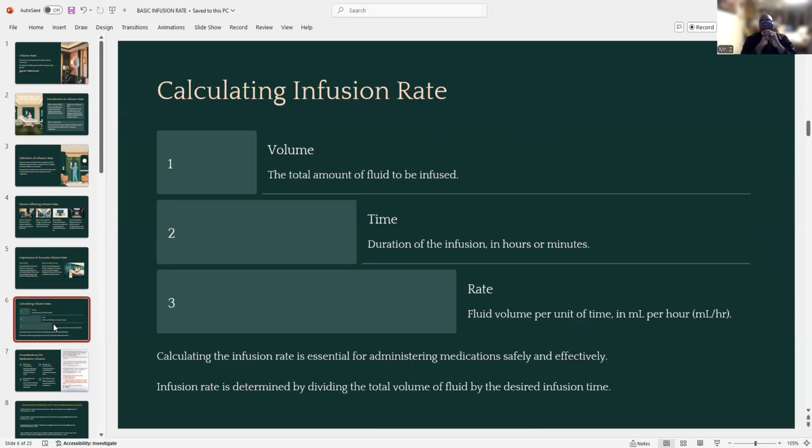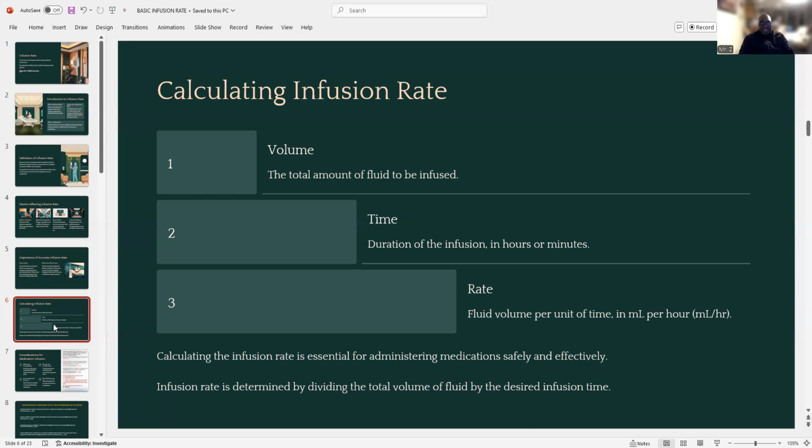How can we find infusion rates? Infusion rate is volume over time. Those are the basics. So if they say infuse 1,000 milliliters over 10 hours, the infusion rate is volume over time.